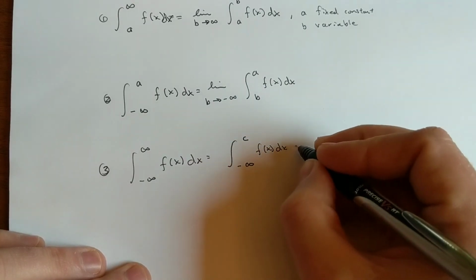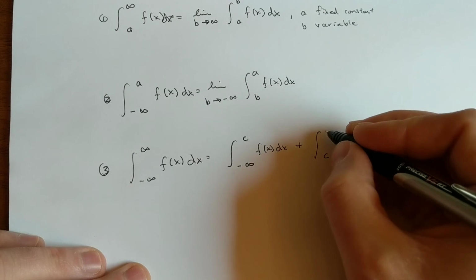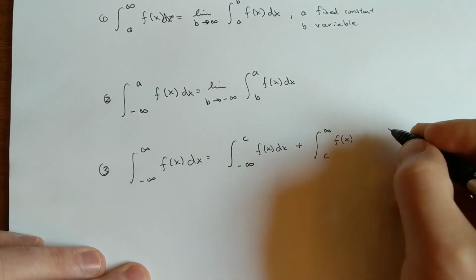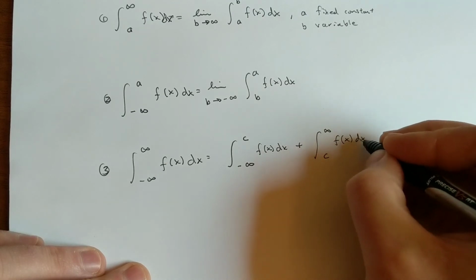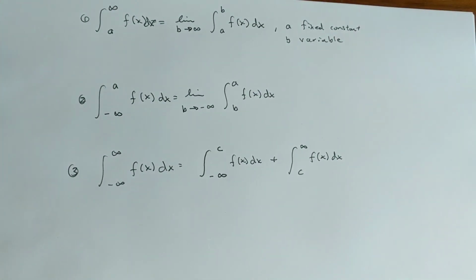So not hard to do. Find any number, usually pick one that benefits you. Like c could be 0 or c could be 1, depending on what function you're looking at and what might be easier to compute with. But in the end, it won't matter, so you don't have to be too careful.